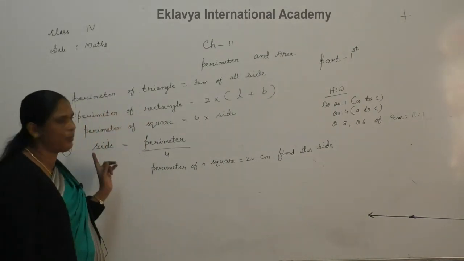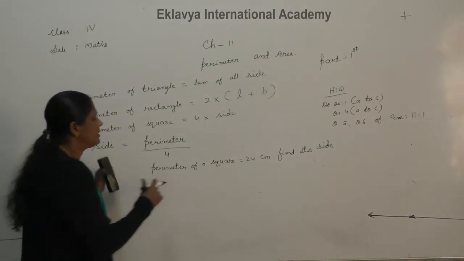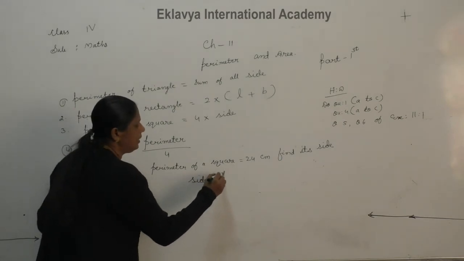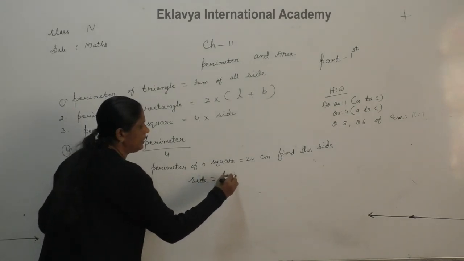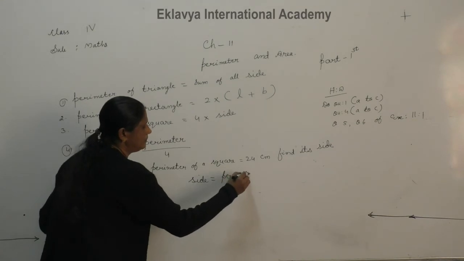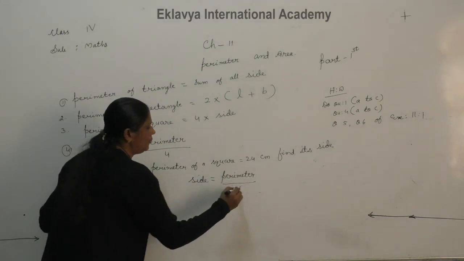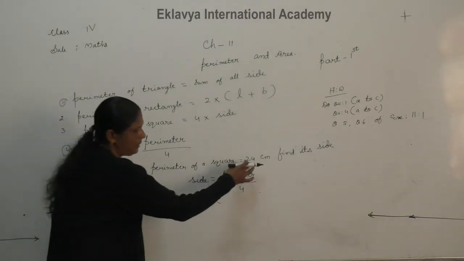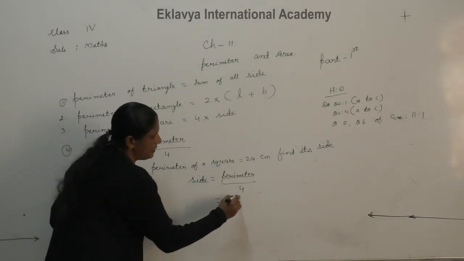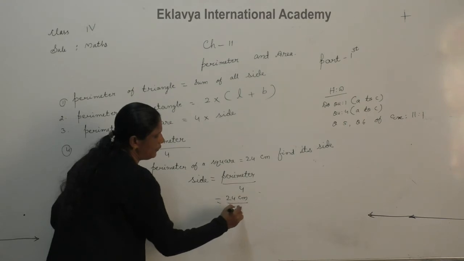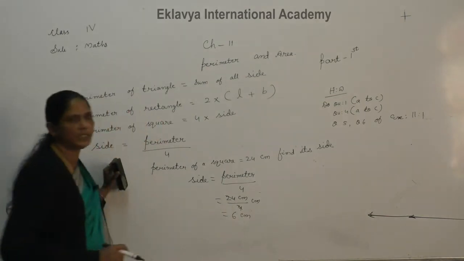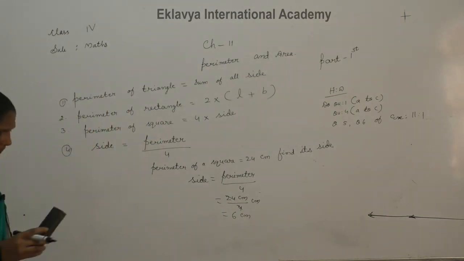Which formula do you put here? Side is equal to perimeter upon 4. Then our perimeter is 24 centimeter upon 4 is equal to 6 centimeter. Understand?